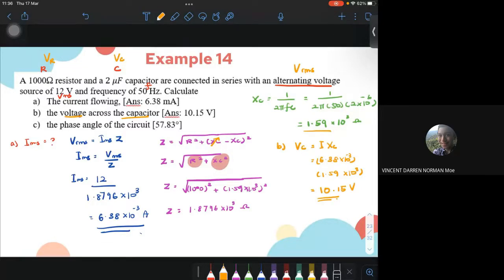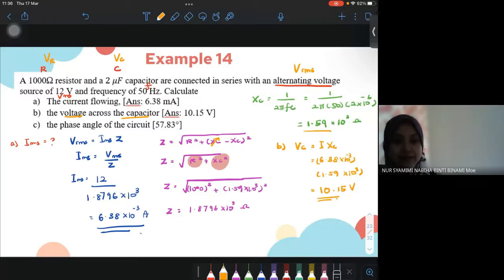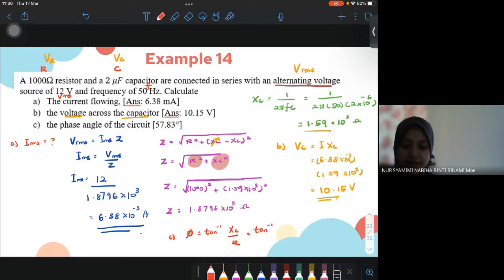Yes. Okay. And C, dia minta the phase angle. So the phase angle, which is dia minta phi. Formula ialah shift tangent XC over R. So nilai XC dah ada. So shift tangent XC kita ialah 1.59 exponent 3 divided by resistance ialah 1000.